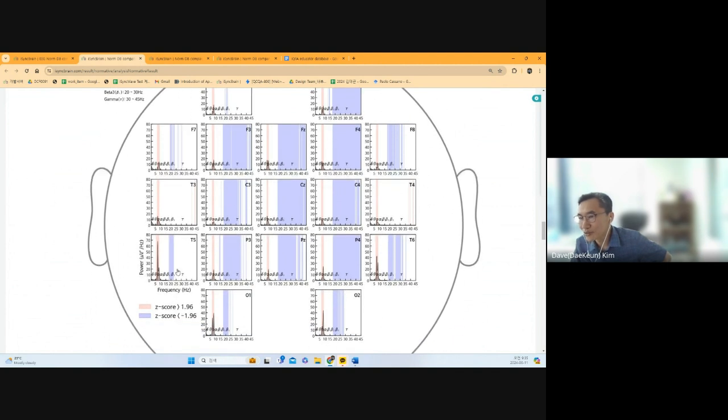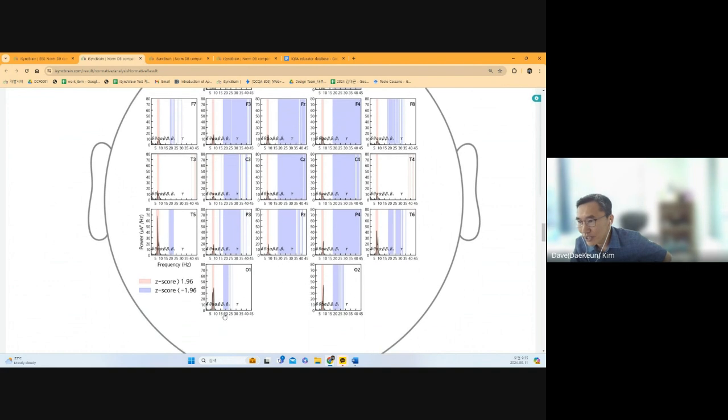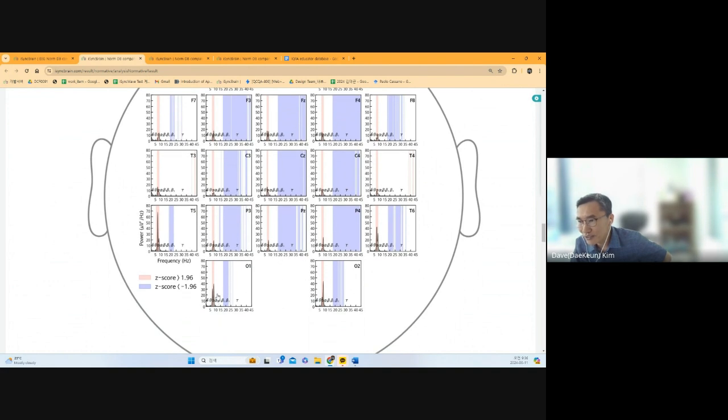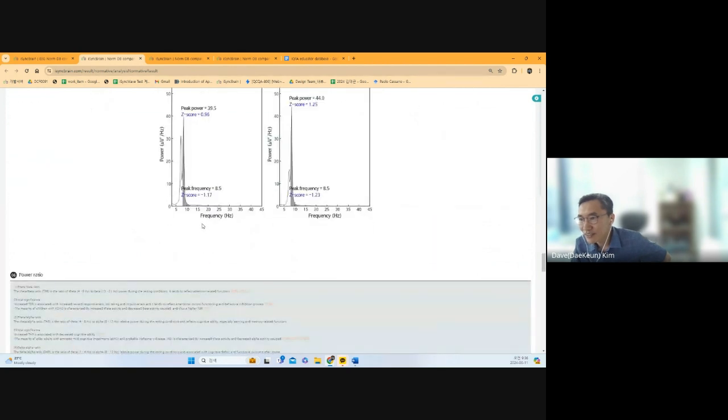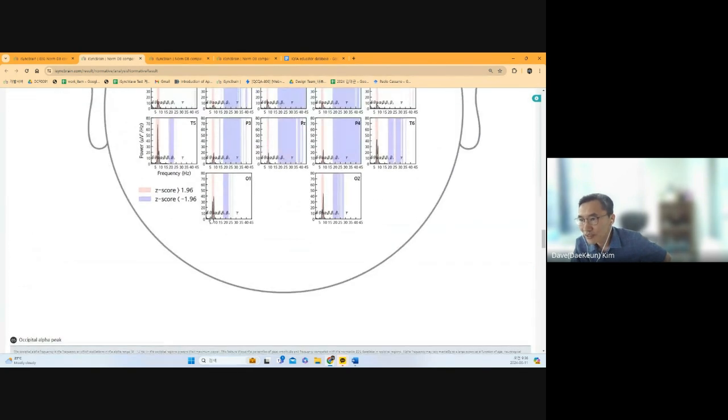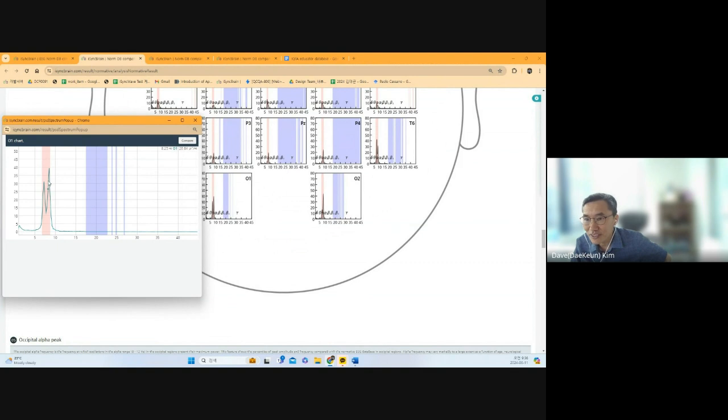And another abnormal sign is that we have both the alpha activity and the slow alpha activity, alpha and theta activity. Alpha starts to decrease in the theta region, and we can click the frequency. The peak frequency of alpha is 8.5, but the second peak is 7.25.